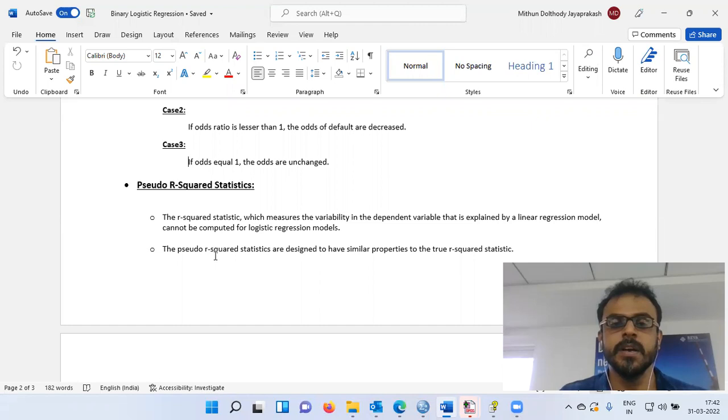This is very important. Our coefficient of determination metric cannot be computed for a logistic regression model. Hence, what we do is we come up with pseudo R-square statistics, and they are designed to have similar properties as that of the true R-square statistic.